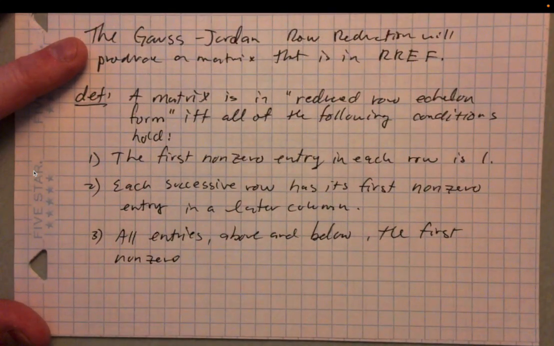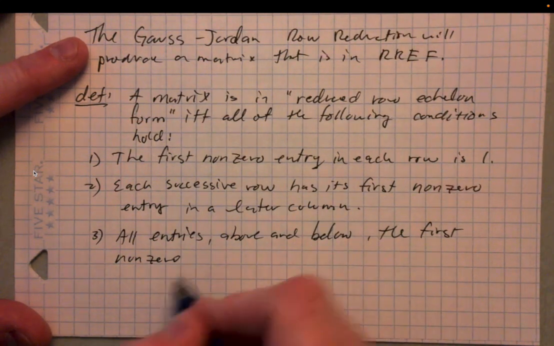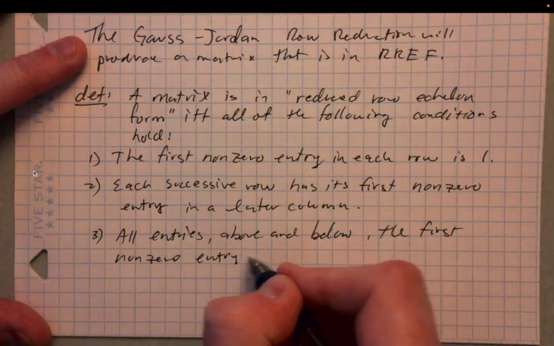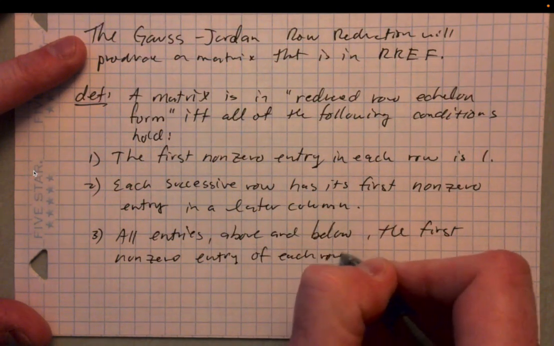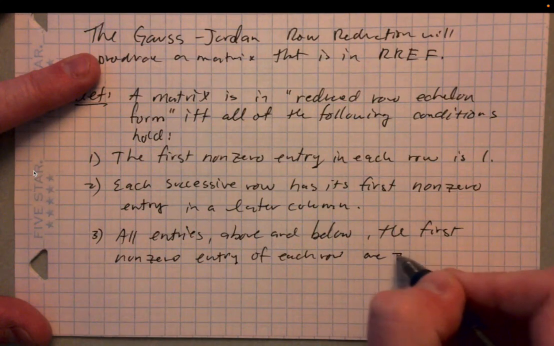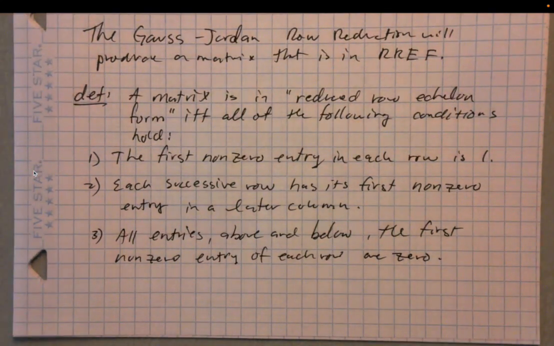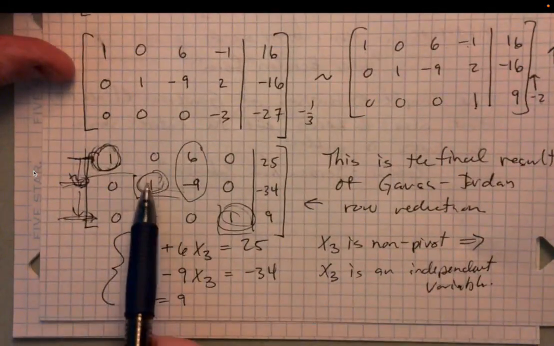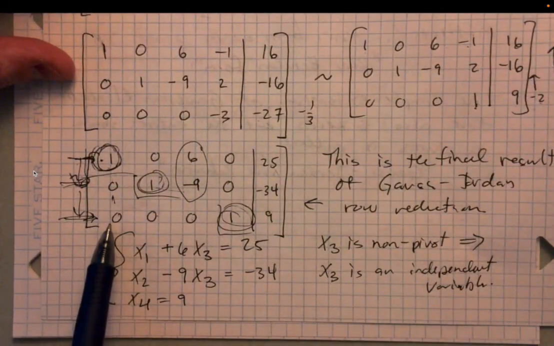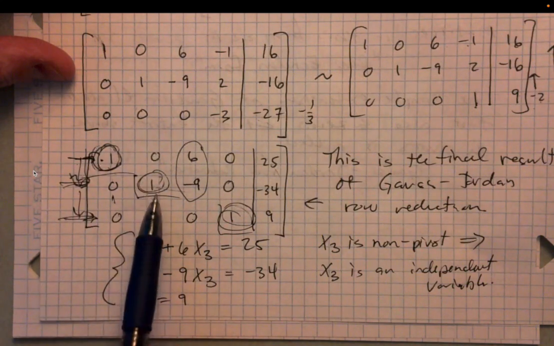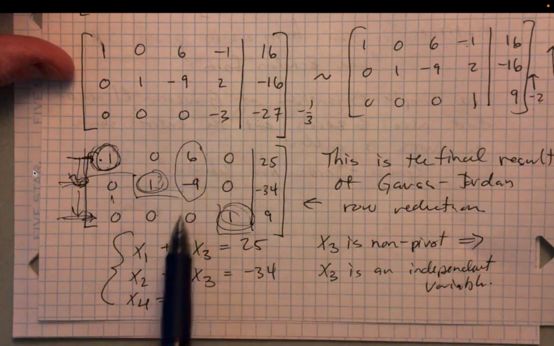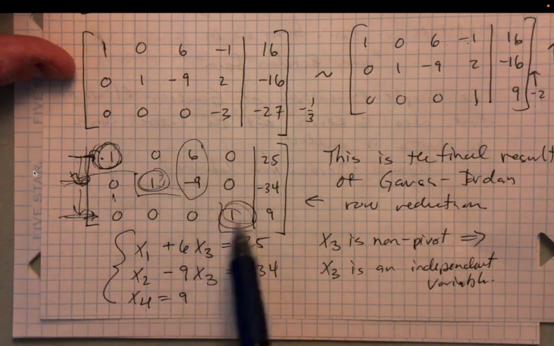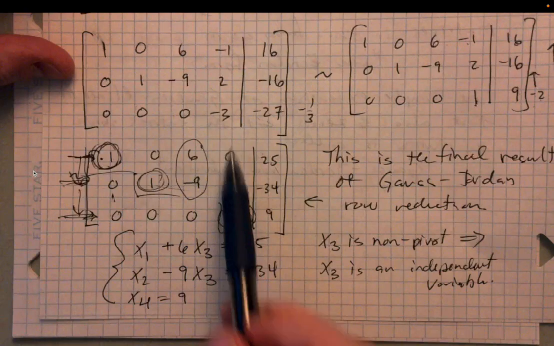And that's what we saw, of course, in this example. Here's a pivot. Everything in that column besides the pivot is 0. Here's another pivot. Everything above and below is 0. Here's a column with no pivot, so this condition doesn't apply. Here's a pivot. Everything above and below is 0.